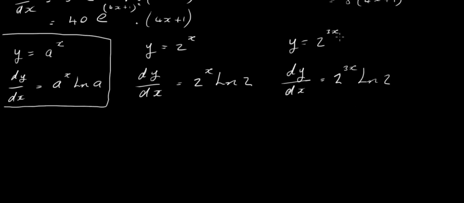Now because this wasn't an x, it was actually 3x, we've got to differentiate this part here, so we multiply all of this by 3. When you differentiate 3x, you get 3. So this is our answer here.